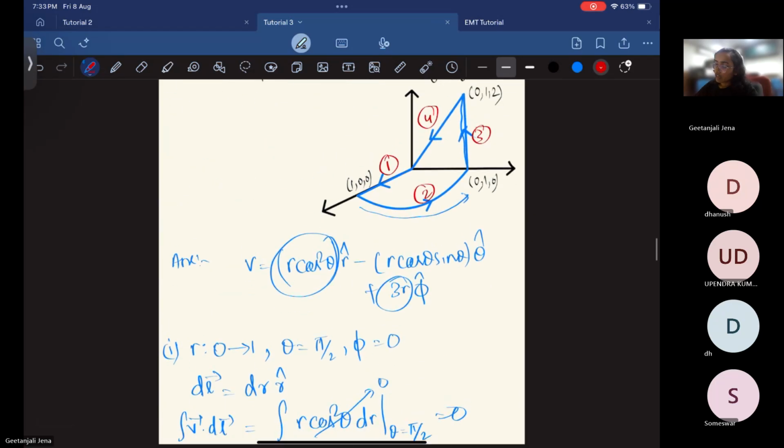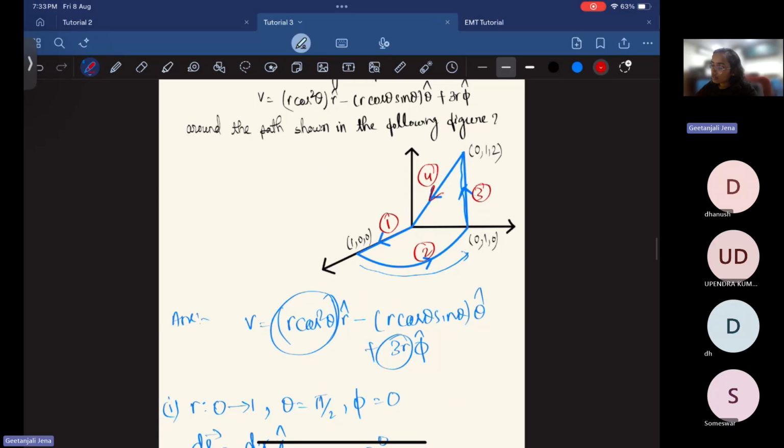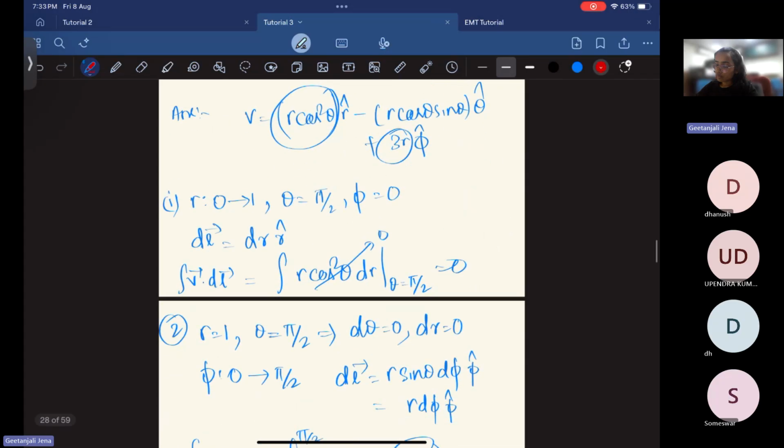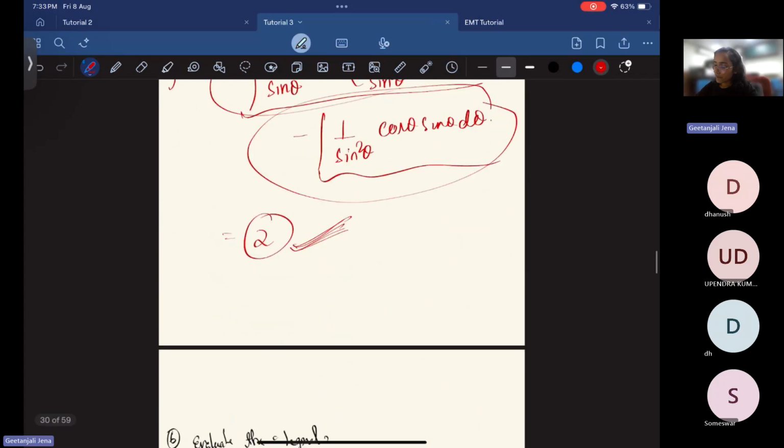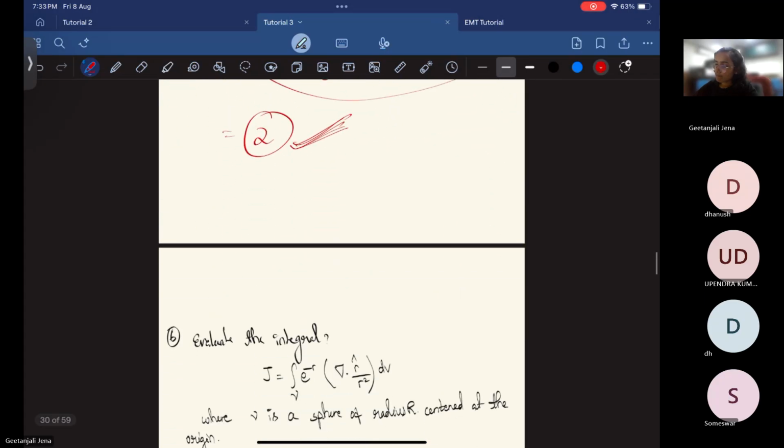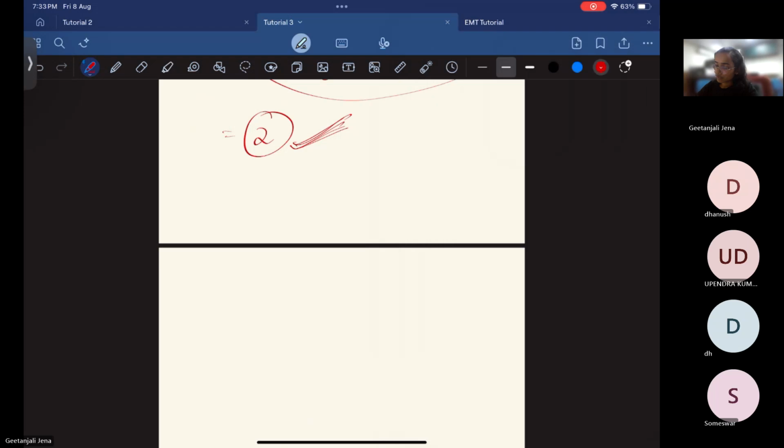For path 4, the R is changing, theta is constant and phi is constant. So finding the integration is easy now. For path 4, theta is constant. It is at tan inverse half.